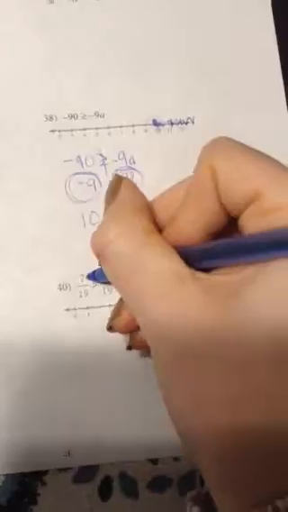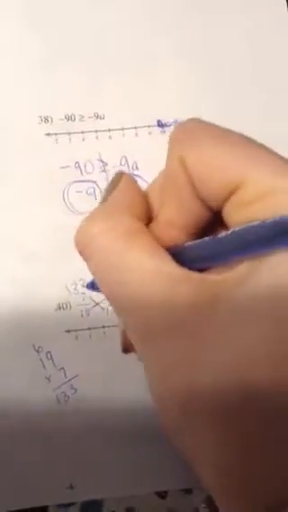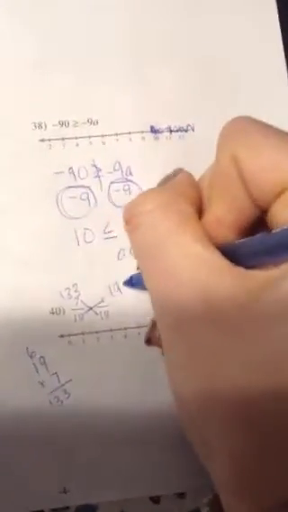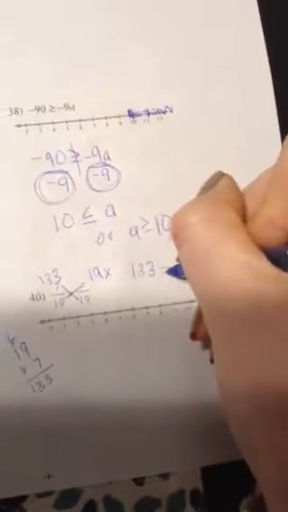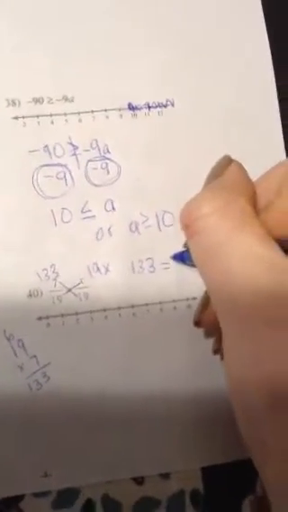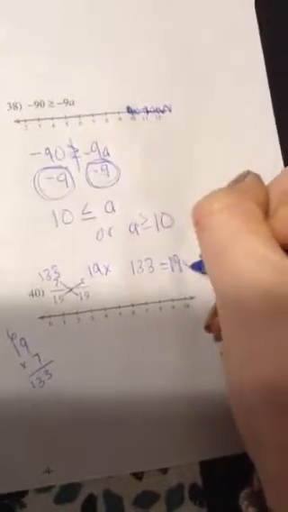And then for number 40, this is a proportion. So to solve this, we're going to cross multiply. So 19 times 7, 63, carry the 6, 13 is 133. 19 times x is 19x. 133 equals 19x.